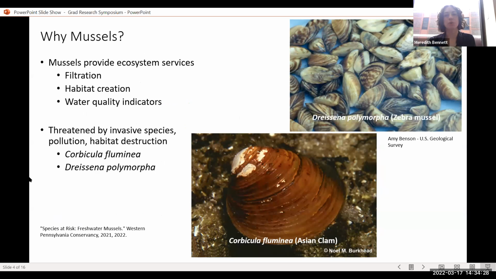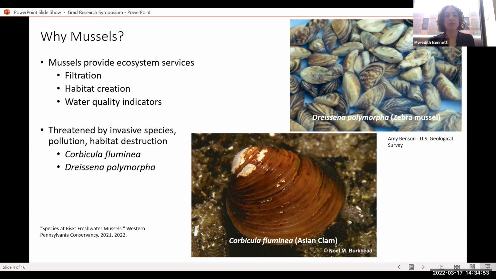So why are mussels important, and why are they threatened? They provide several key ecosystem services. They're filter feeders, so they filter out a lot of harmful substances in the water, including pollutants and sediment. They create important habitat for fish and other macroinvertebrates, and also serve as food for some of those animals.